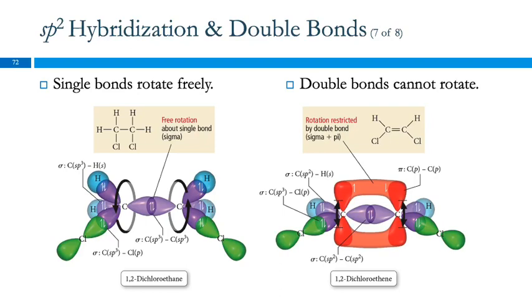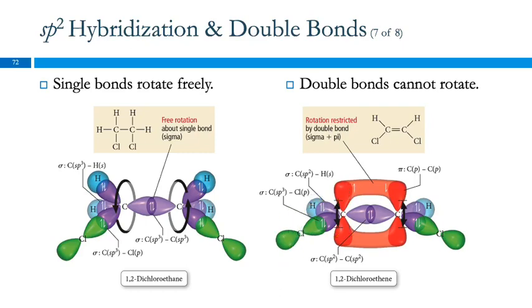And so we make a model with the model kit, and the model kit is not exactly like that, but it kind of works. Here I have two bonds between these two atoms, and I can't spin them anymore. It's stuck, right? In order for one of these to rotate, I'd have to break the pi bond. It can't rotate. So this bond does not rotate.